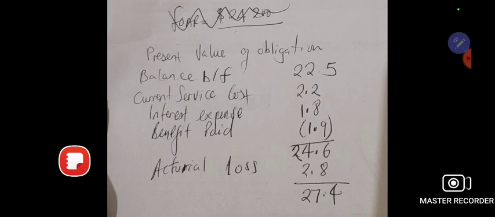Okay, if you've looked at this, remember, this is the present value of the obligation is like a liability to the pension scheme. Why do we say that? This is like monies that are payable to you people that have been paying contributions to this plan or pension scheme.